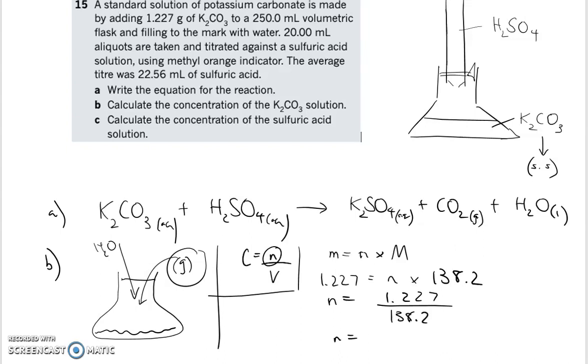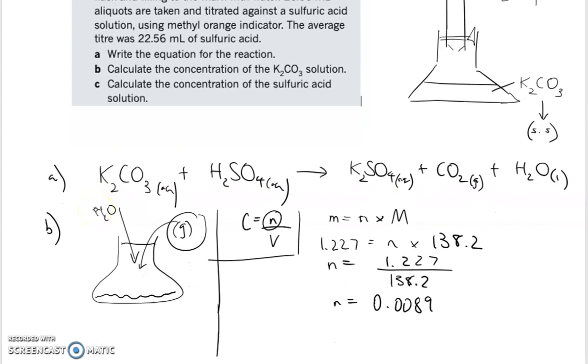So 1.227 divided by 138.2, 8.9 times ten to the minus three. So that's our mole value of the potassium carbonate, and our concentration then is that mole value divided by the volume that it's in, which is 250 mL of water.